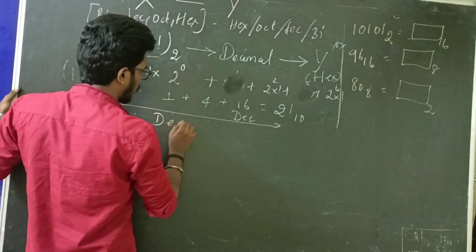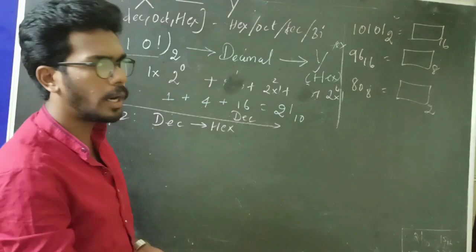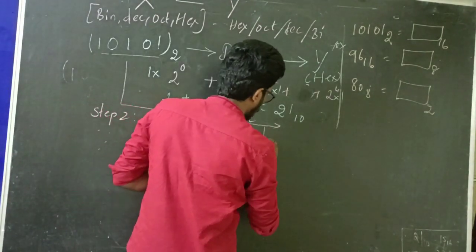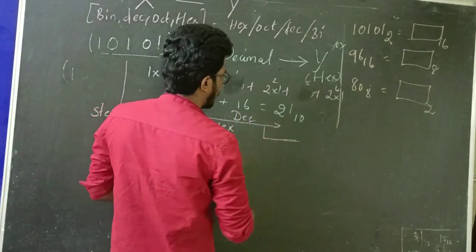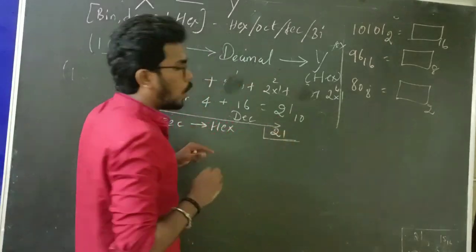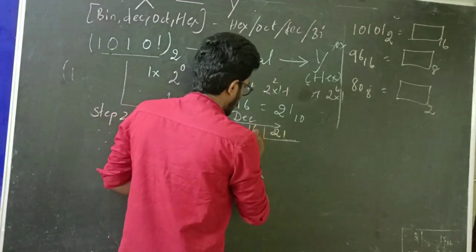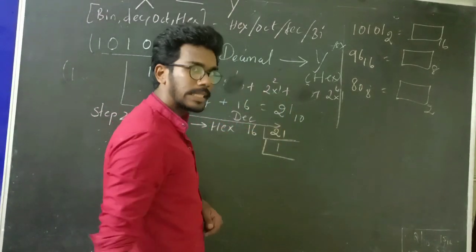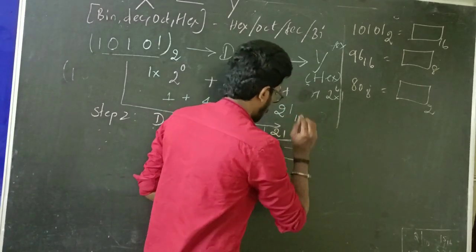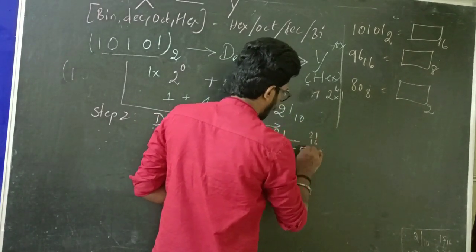Simple logic. When you convert a decimal number to hexadecimal, or a decimal to binary or octal, you will divide the number by the base. So what is the number here? 21. To which format are you converting? Hexadecimal. Hexadecimal is 16. 16 ones are 16. Remaining is 21 minus 16, which is 5.